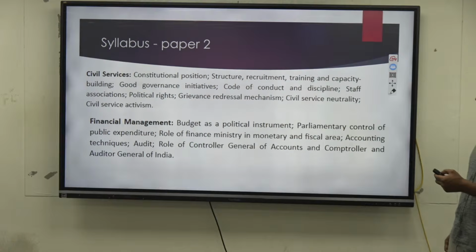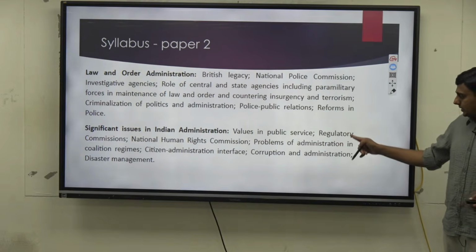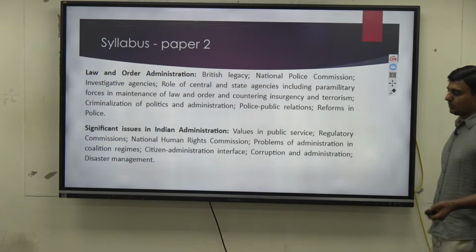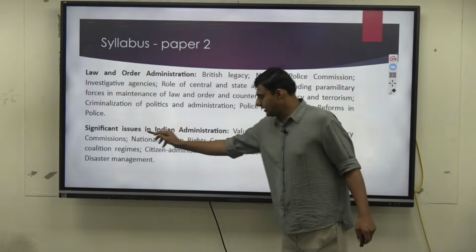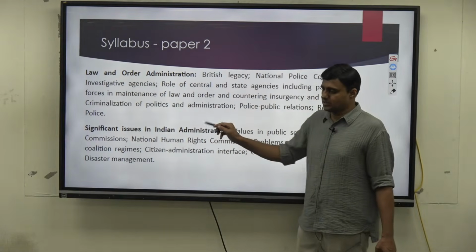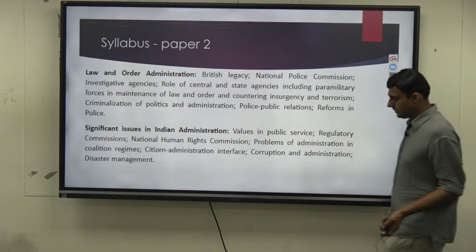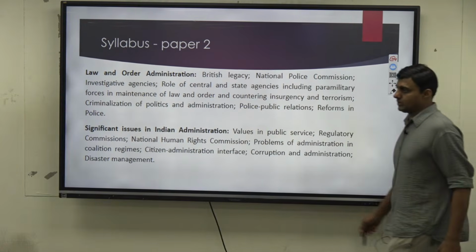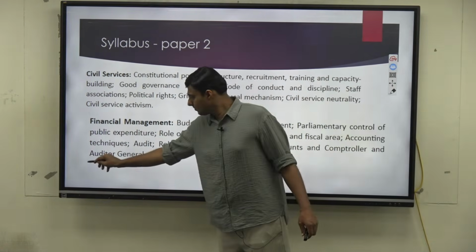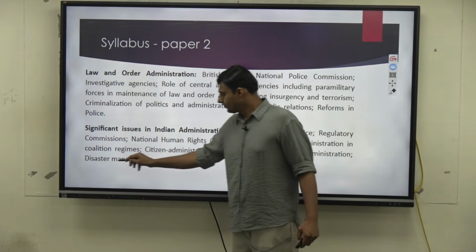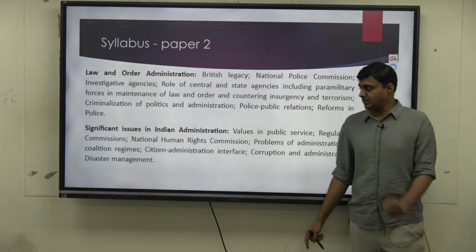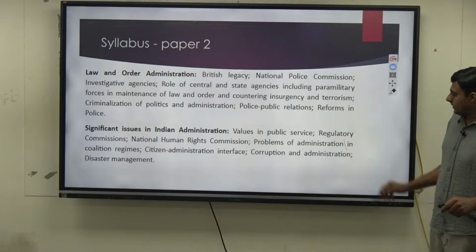This is why we keep telling you about the overlap. This one is your entire, why corruption again. Look at this topic. If polity is done, and you study the National Human Rights Commission in your bodies, that's the same thing. Plus, which one? GS3, disaster management, as we told, those topics will repeat. Then regulatory bodies.